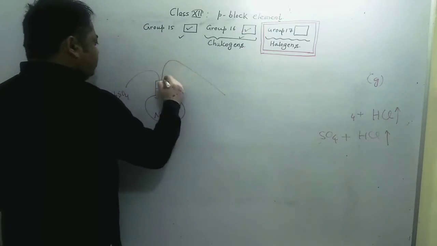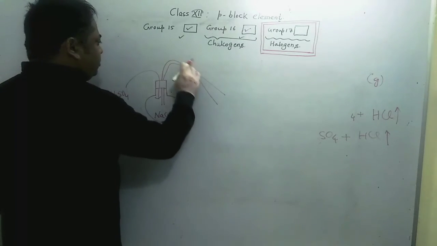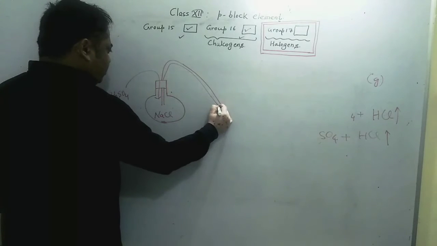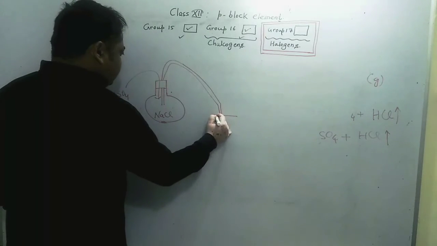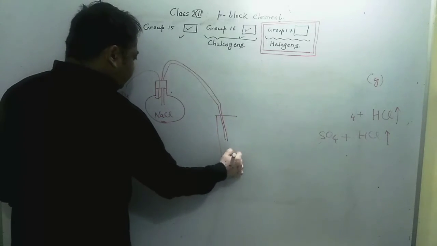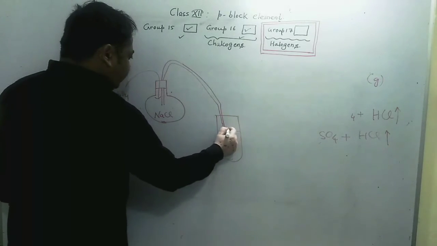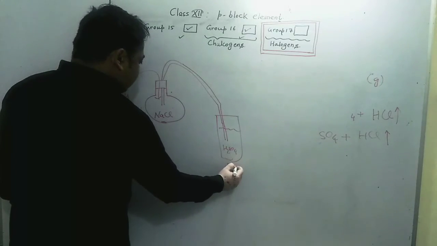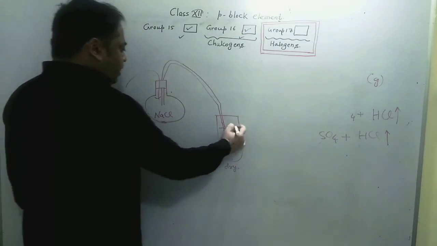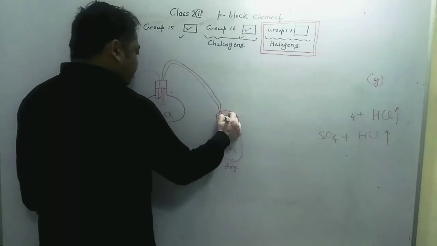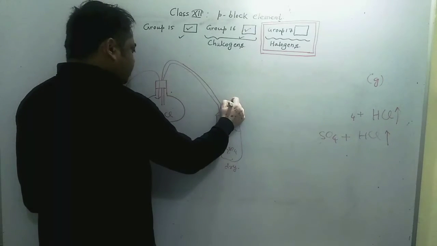This delivery tube will be made to go deep into another tube containing H2SO4 to dry it, and the dry HCl gas will come out and this will be collected with another delivery tube.